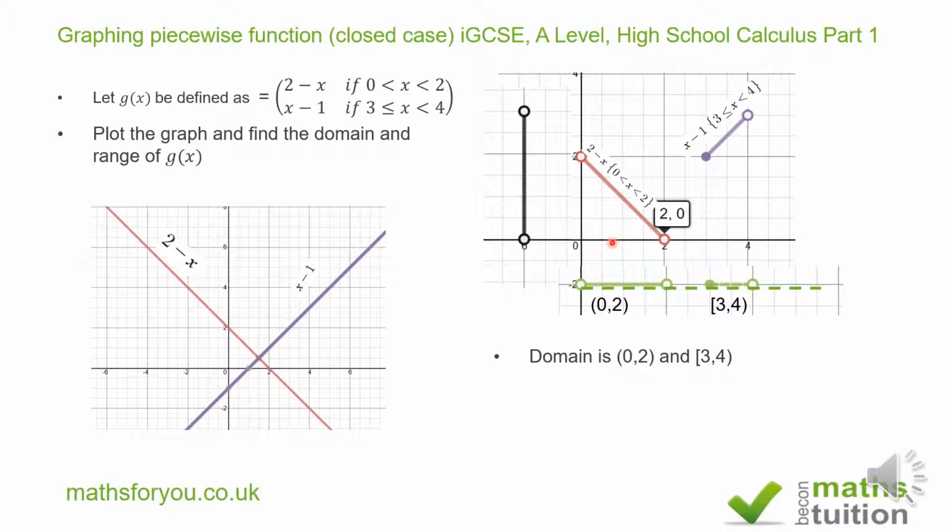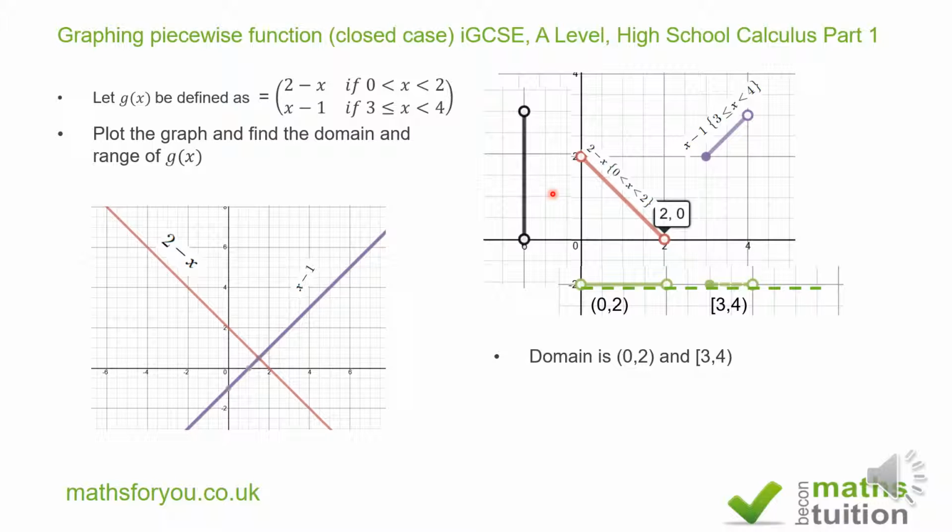Note that as we move from the x-axis parallel to the y-axis, there is no gap whatsoever. When you compare this to the domain, where there's a gap between 2 and 3.